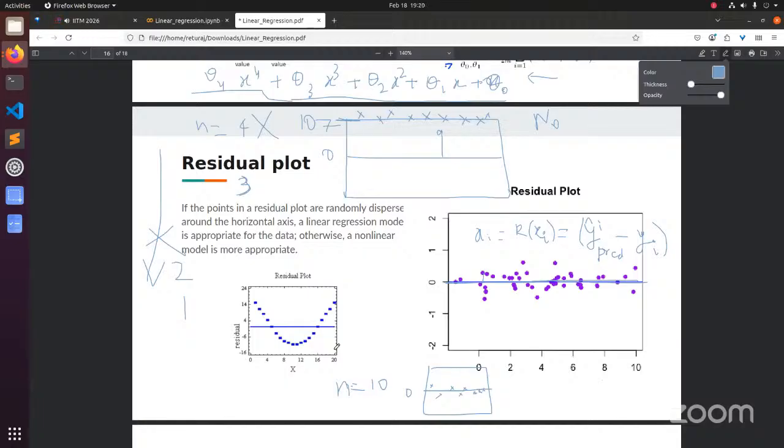Yes, because the predicted y hat i minus the true yi values are very close to 0 for all xi's, and hence n equal to 10 explains the dataset properly.